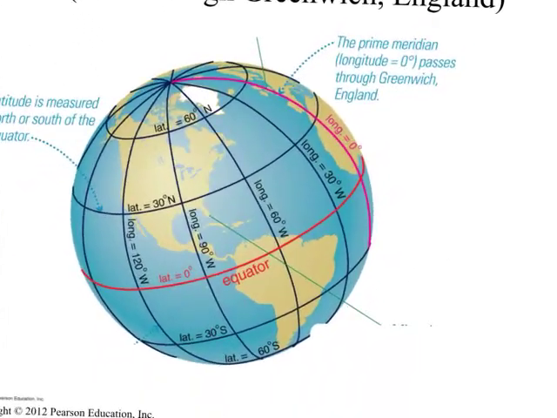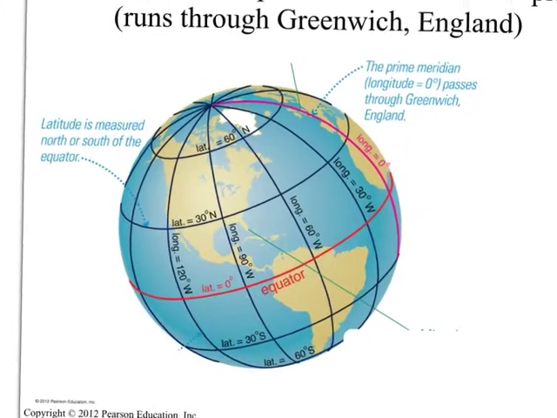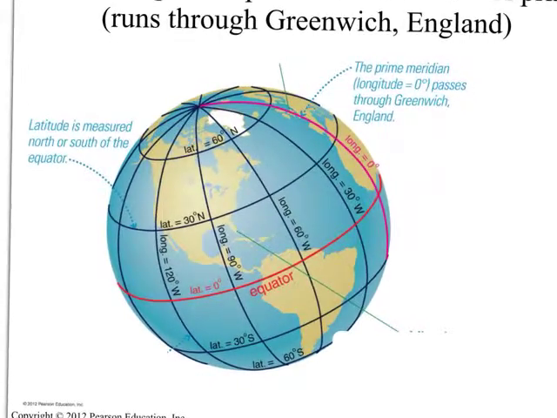So latitude is relative position to the equator, and longitude is relative position to a prime meridian. Latitude goes from 0 degrees to 90 north and 90 south, and lines of longitude go from the prime meridian, 0 degrees, to 180 east and west.